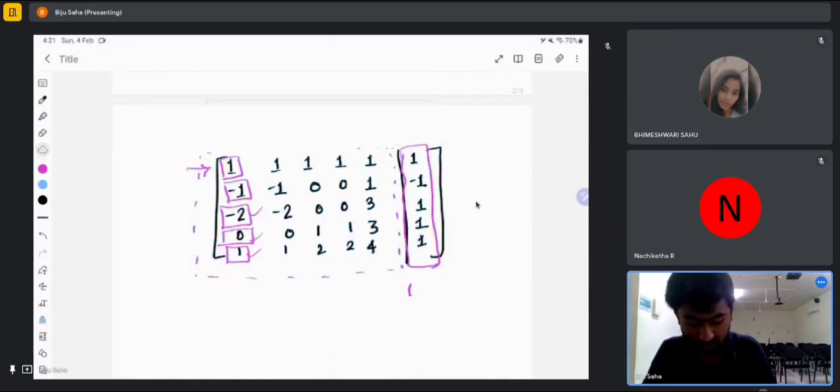Let me change the constants on the right hand side.